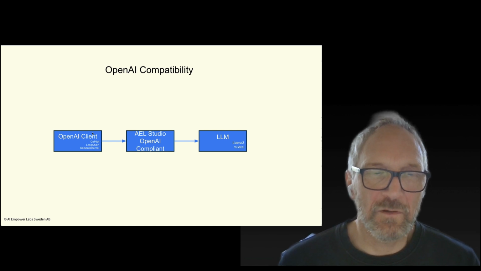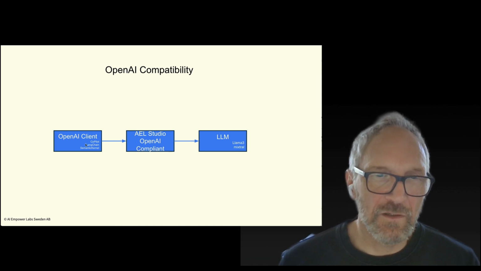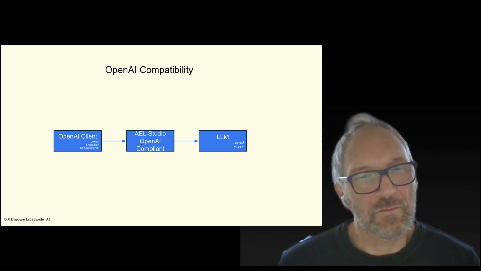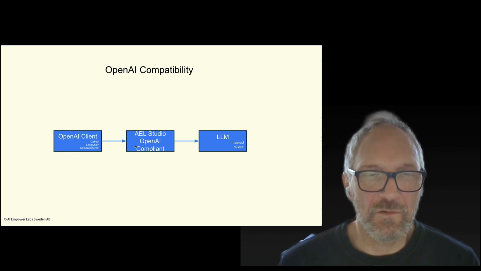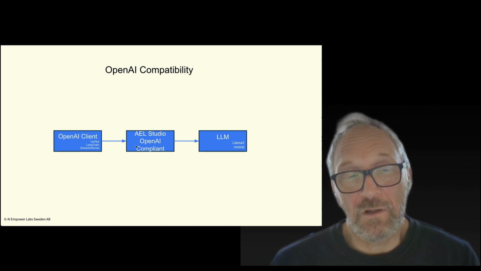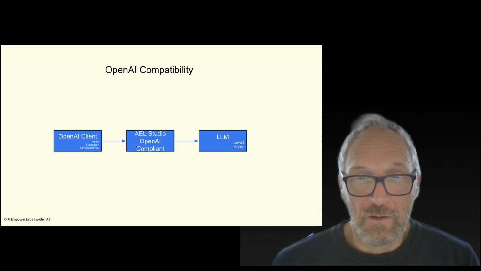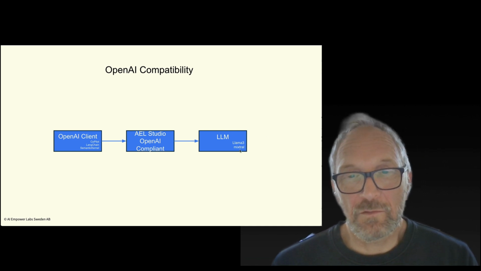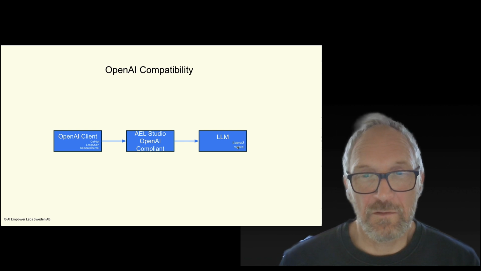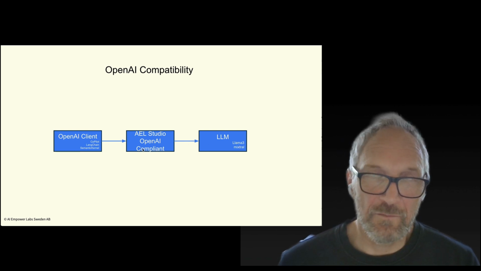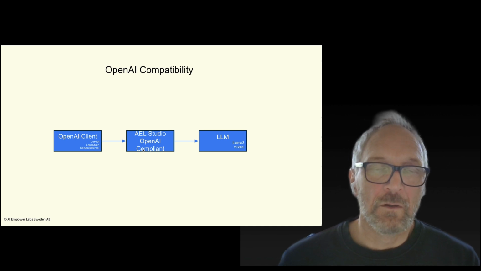So no matter what kind of client you have already today, if you have implemented towards the OpenAI standard and use their endpoints or any other endpoints, you can just migrate it over to this AI in PowerLab Studio, and it will just work out of the box, no matter what large language model you might have on the back end. So if you run with Mistral or Llama 3, there won't be any difference to the OpenAI compliance.